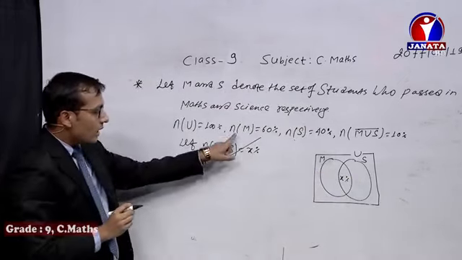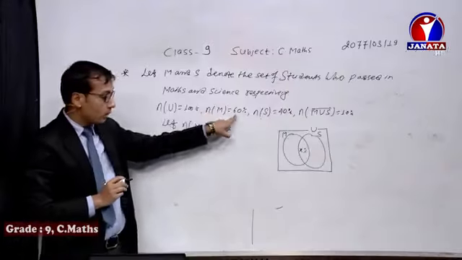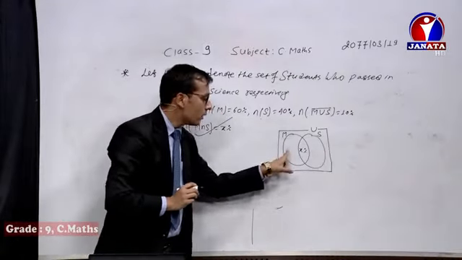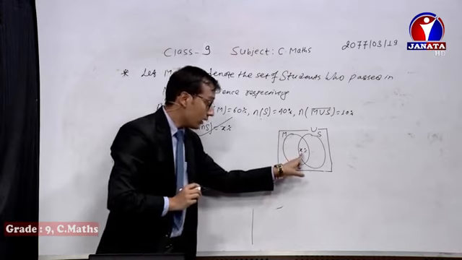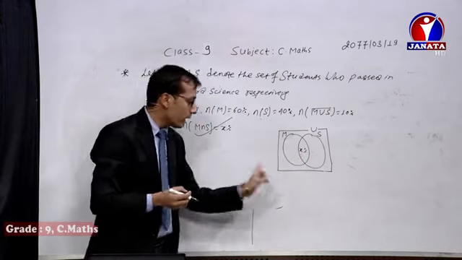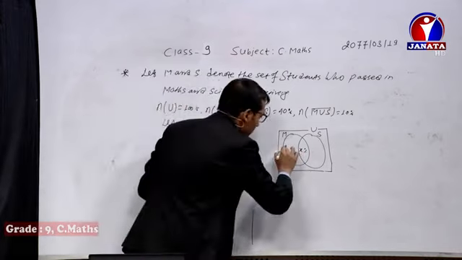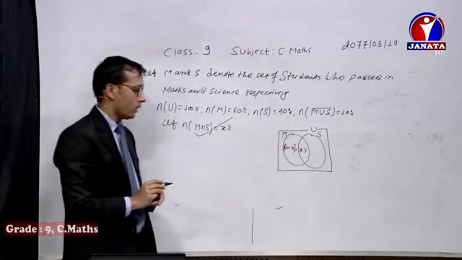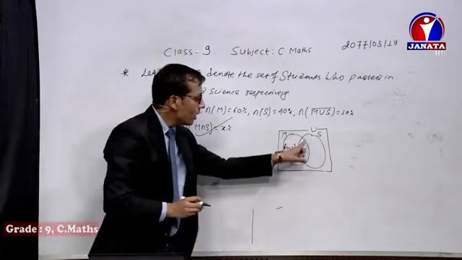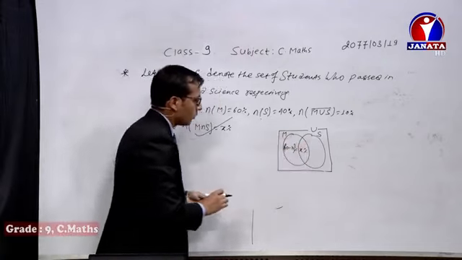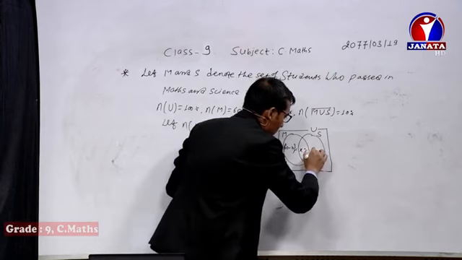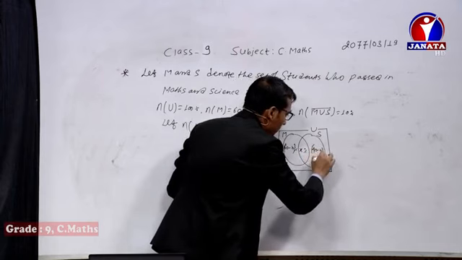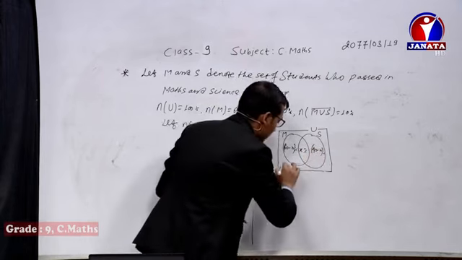What is N of M? 60%. But we require N of only M. For this, we deduct the intersection from N of M. So this is 60 minus X percentage. Similarly, for N of only S, 40 minus X percentage, and what is the complement? It's 10%.